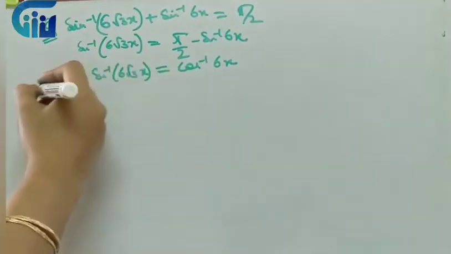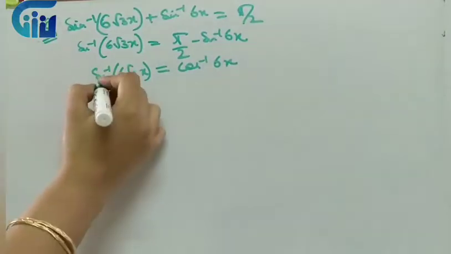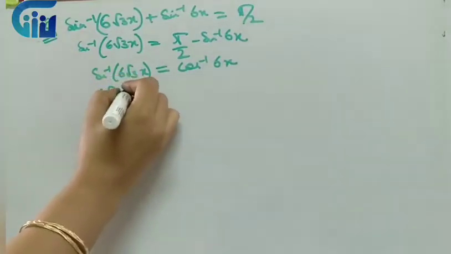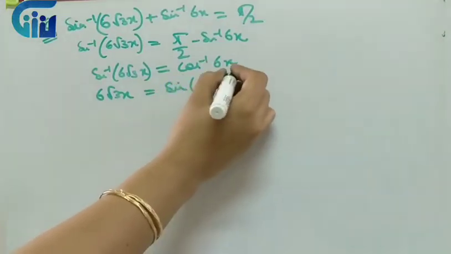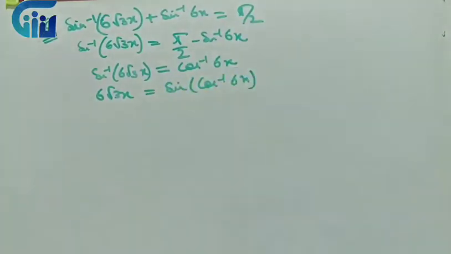I can take sine of both the sides. So it will be 6 root 3x is equal to sine of cos inverse 6x. Right? Now what we will do is, we will write it as 6x.